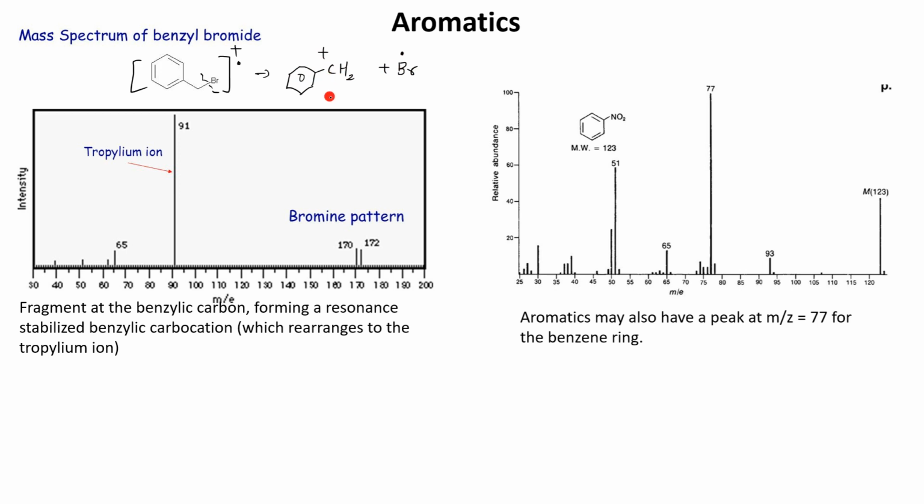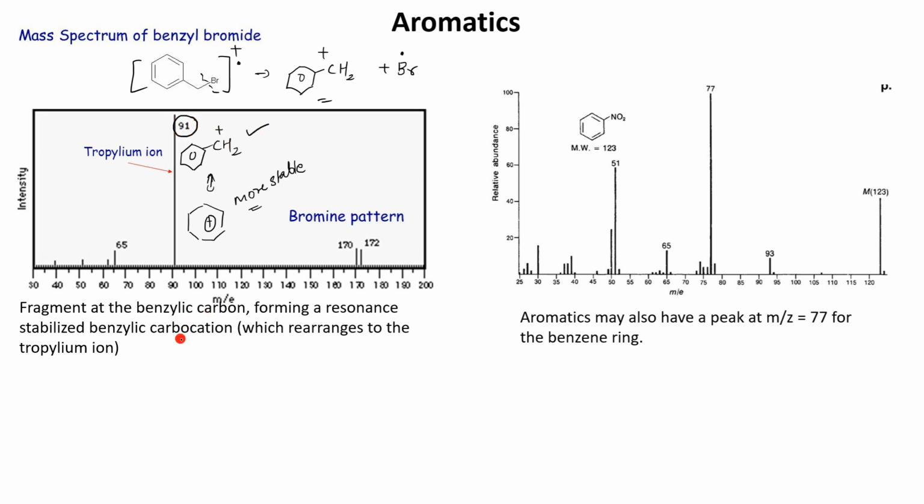This m/e value is 91. So this is your CH2, and this can be converted to tropylium ion. That is why it is written tropylium ion, because this gives a more stable form than the benzyl group, so it gets easily converted into this type of structure. So whenever 91 is present, most of the time it is this.